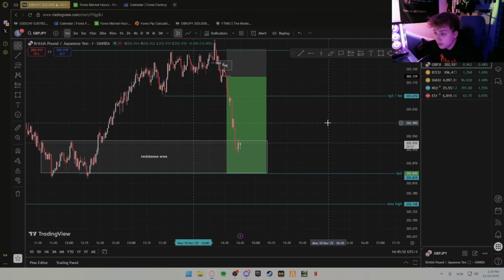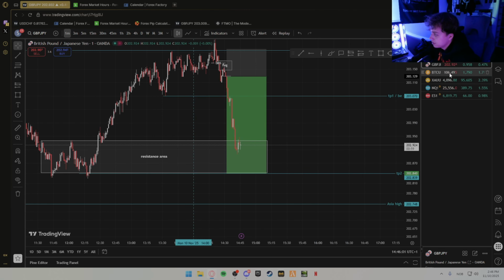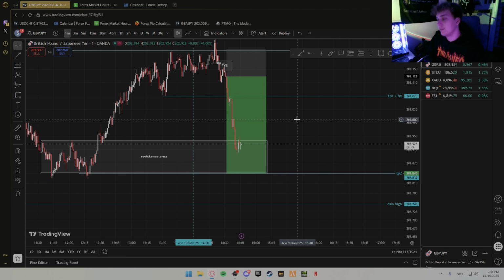And I only trade pound versus yen. You can see my watch list there, but I only use GBP, to be honest, and Bitcoin just to look at it, because why not? Futures, I haven't tried trading it, but I've looked a little bit into it, but GBP works for me.